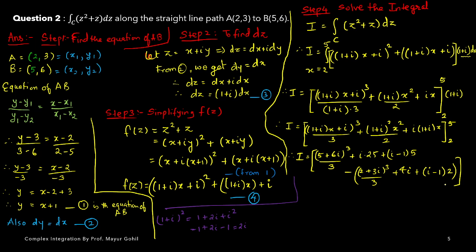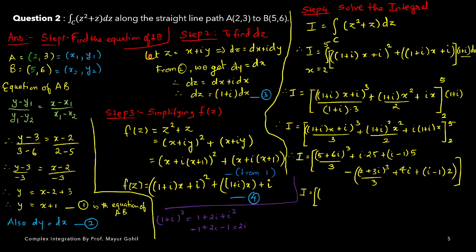So on simplification of all these terms, what do we get? Let us see what happens on simplification. 5 plus 6I whole raised to 3 is nothing but minus of 415, right?